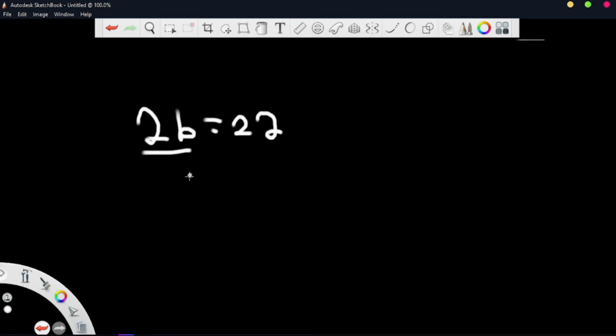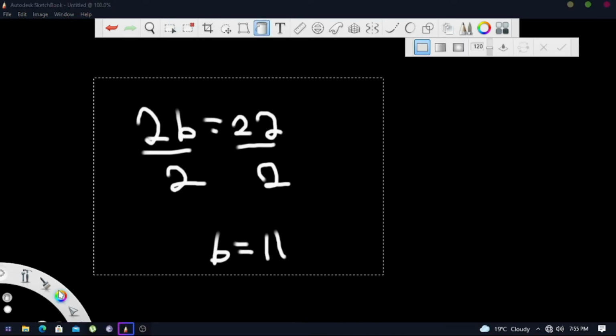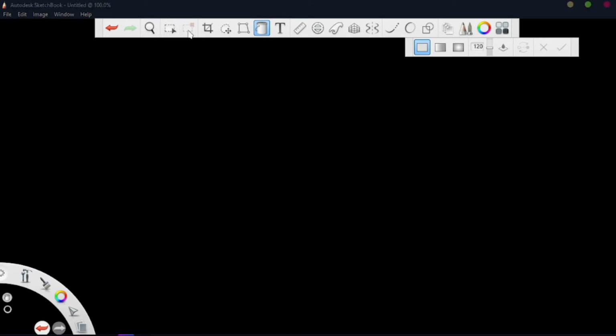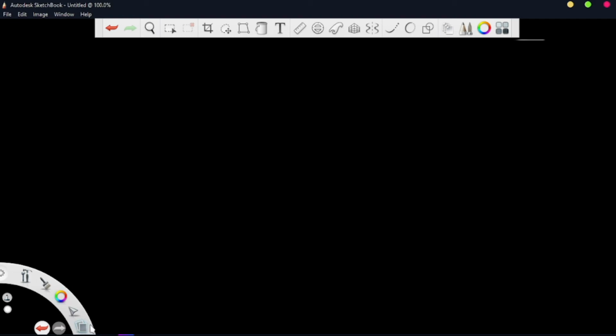So if I divide this by 2, I'll have my b as 11. So that when I replace and say 2 times 11, I get my 22. So that's how it basically works out. Let's go ahead and try out another question.